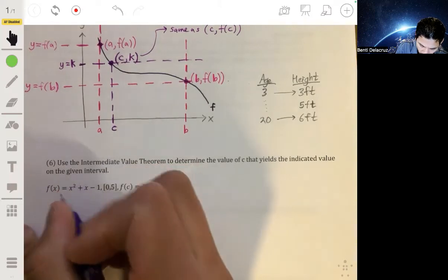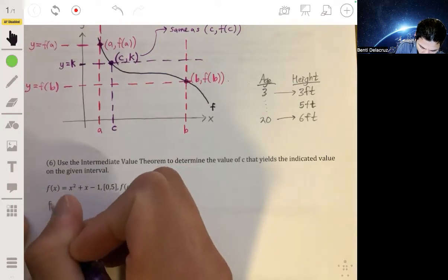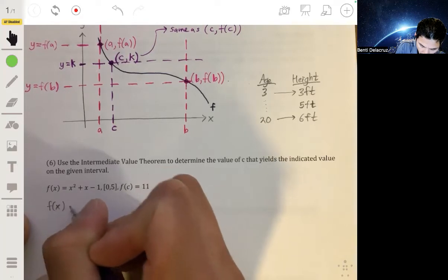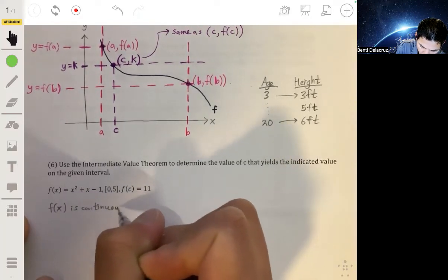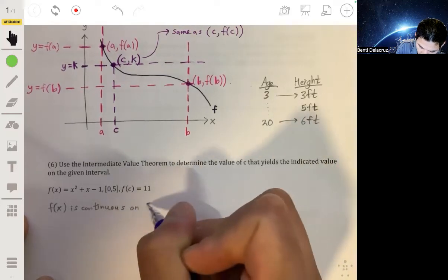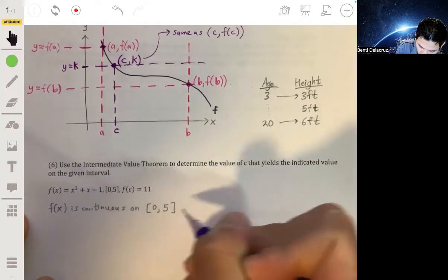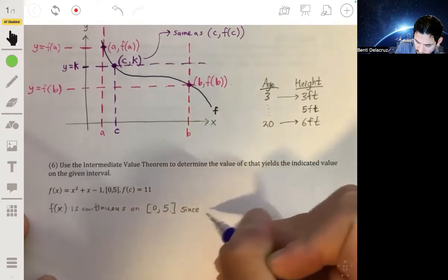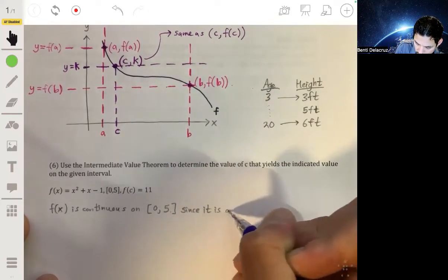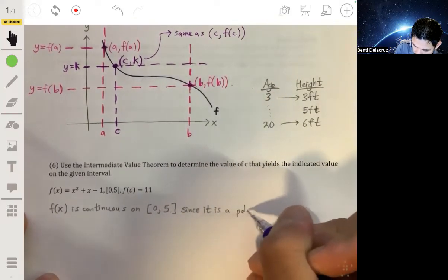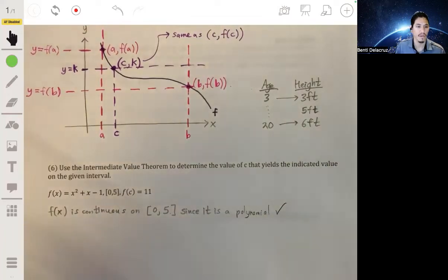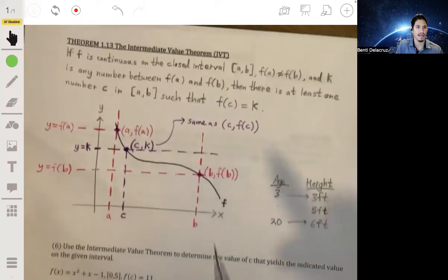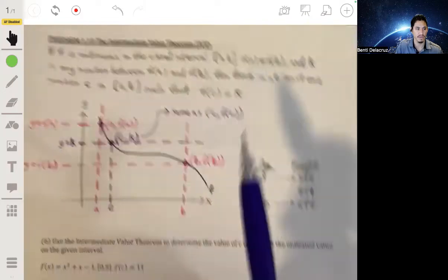So f of x is continuous on 0, 5, since it is a polynomial. And now we just show that f of a and f of b are not equal.